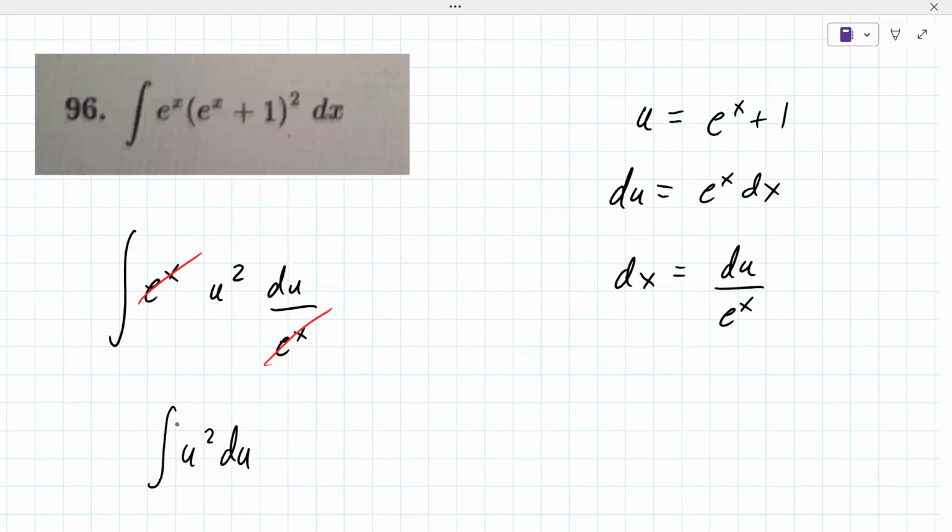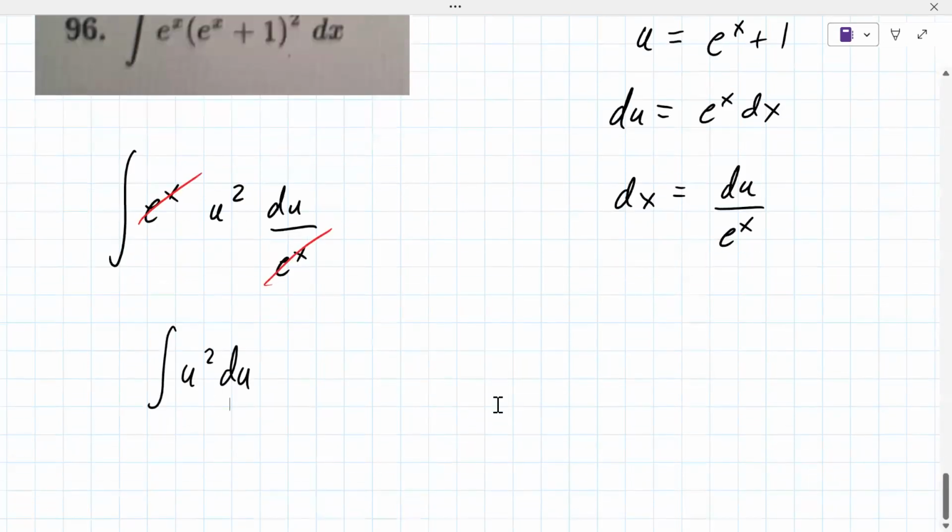So what is the antiderivative of u squared? What do you do with the exponent?